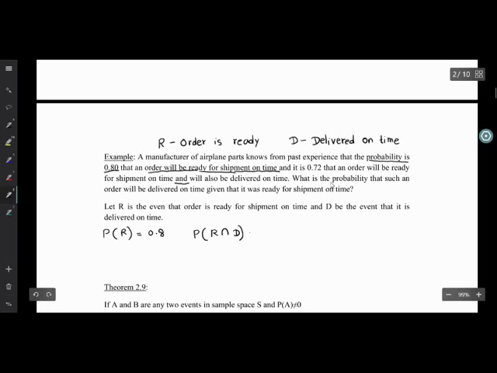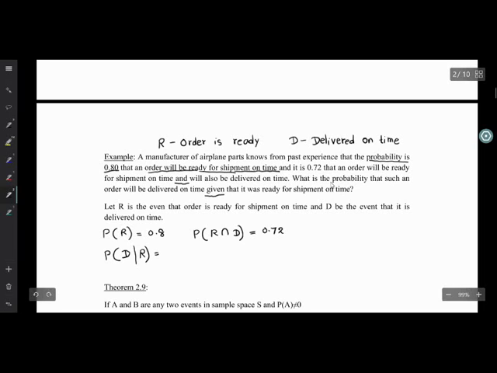So that is the intersection. That probability is 0.72. The question is, what is the probability that such an order will be delivered on time given that it is ready for shipment on time? So how do you write that conditional probability? The probability the order will be delivered on time, delivered given it was ready for shipment.